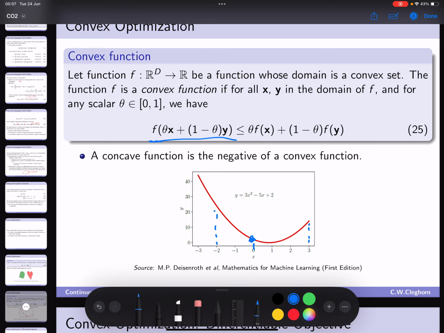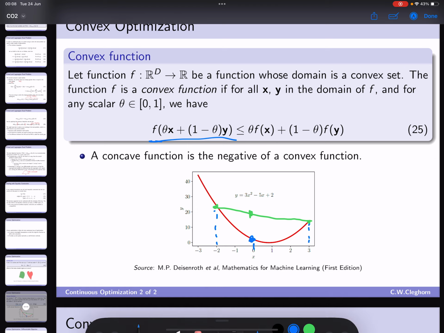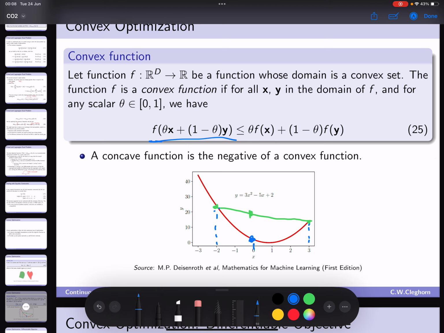But now let's look at green instead. I'm going to instead evaluate the function at the two endpoints and do a linear interpolation of those two values at the endpoints. And so you can see now that any point in this red line is always lying below the green. I can draw it in blue just to make it a little clearer.